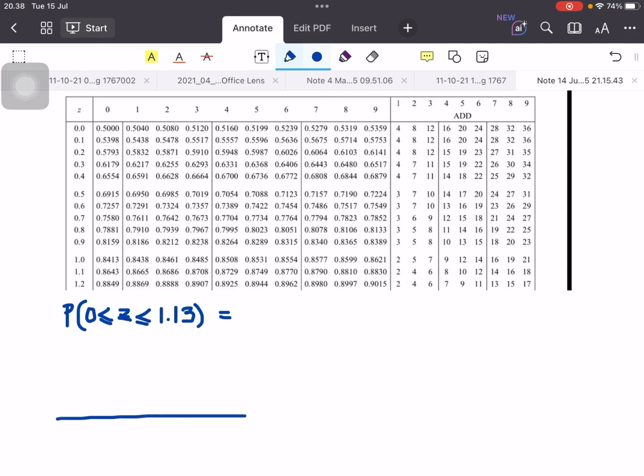So if we draw the diagram, 0 is right in the middle, the axis of symmetry of the curve. So this one is 0, and then this one is 1.13. We want to find the probability that z lies between 0 and 1.13, which is this area.